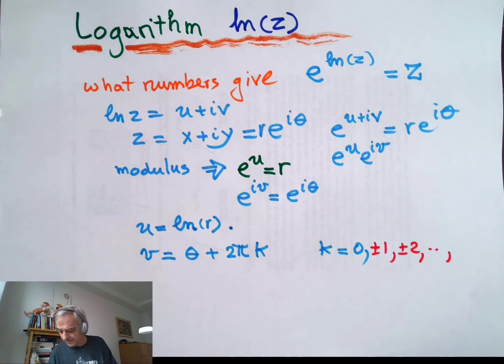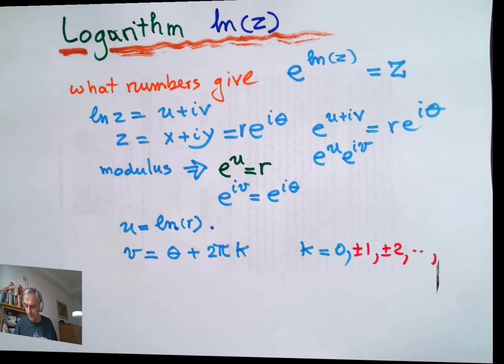Any phase is allowed. One exponential corresponds to actually infinitely many points in the complex plane.